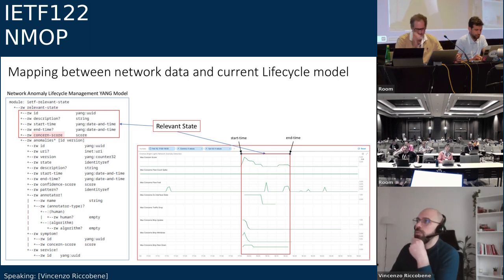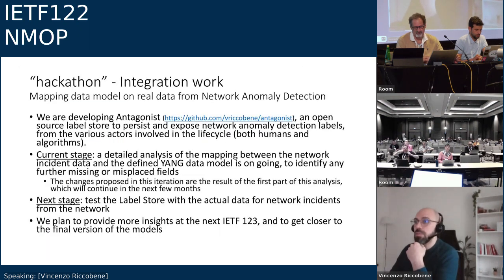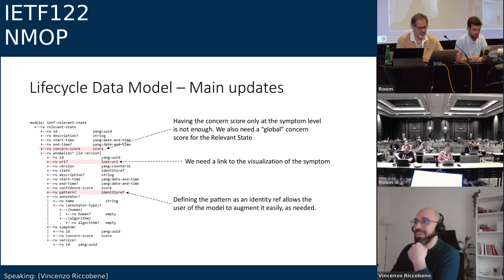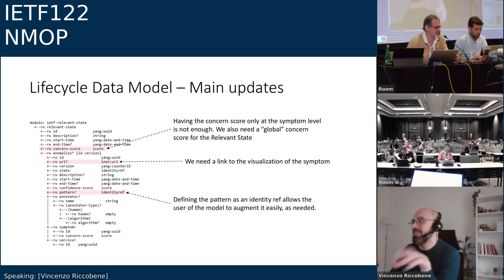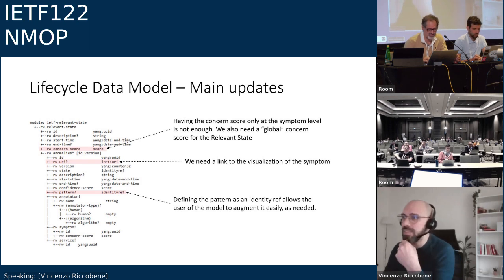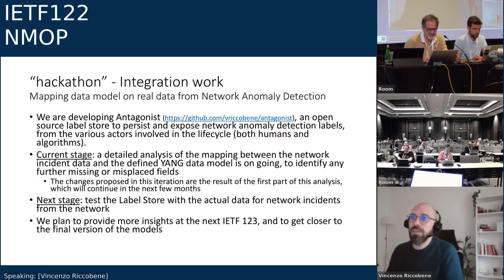Yeah, I will use the 30 seconds to try and reply. So the global concern score, I think I was using some quotes in the slide somewhere. I was putting it inside quotes because global means related to the relevant state. So it's an aggregation of the existing concern scores that are inside the anomalies in the list.